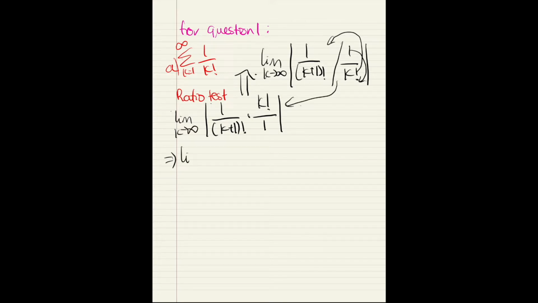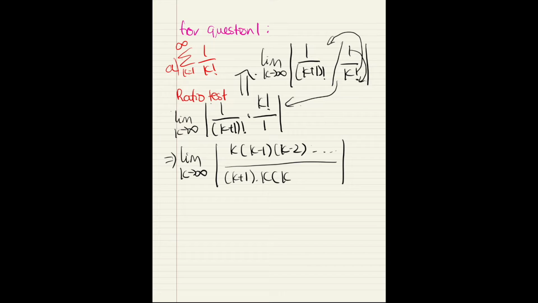By that, I know the limit as k goes to infinity of k times k minus 1 times k minus 2 and so on, over k plus 1 times k minus 1 times k minus 2. This is the value for k plus 1 factorial, and these are the values for k factorial.